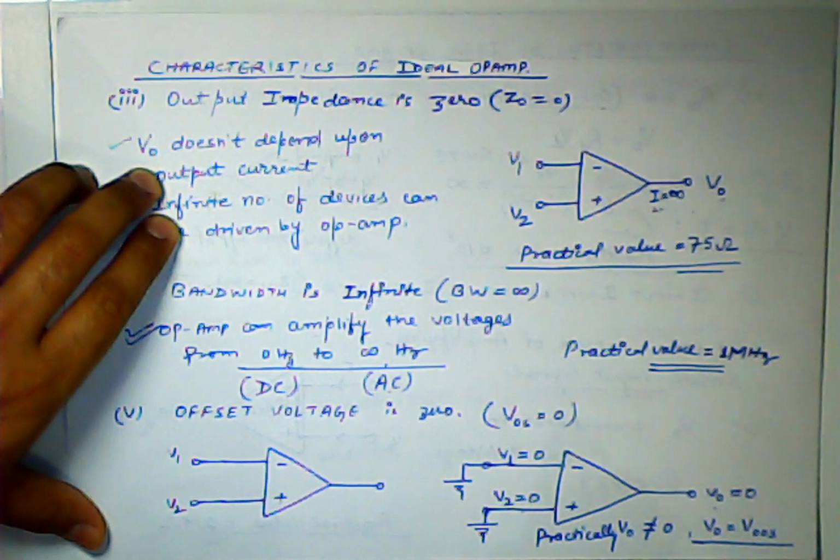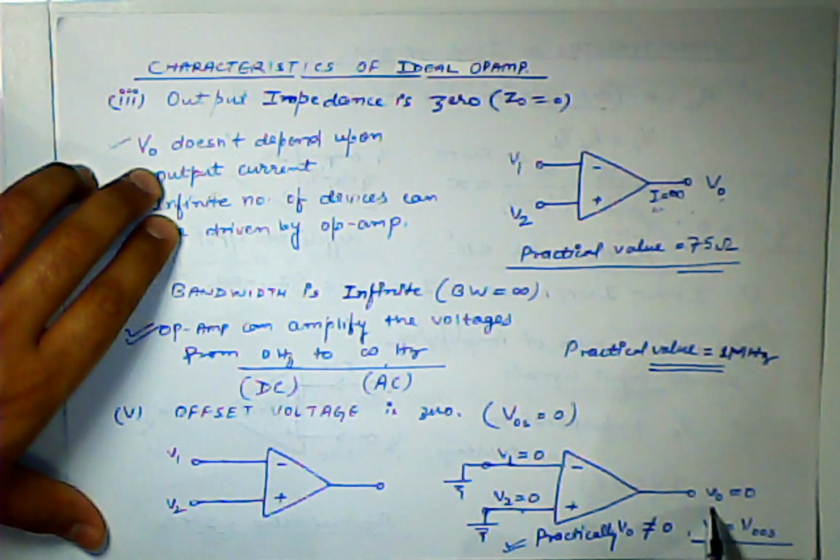OS is offset, O is output. So output offset voltage. But this is the practical condition. Ideally, if two inputs are there and both are 0, you must get output equal to 0. So this is the output offset voltage and it should be 0.